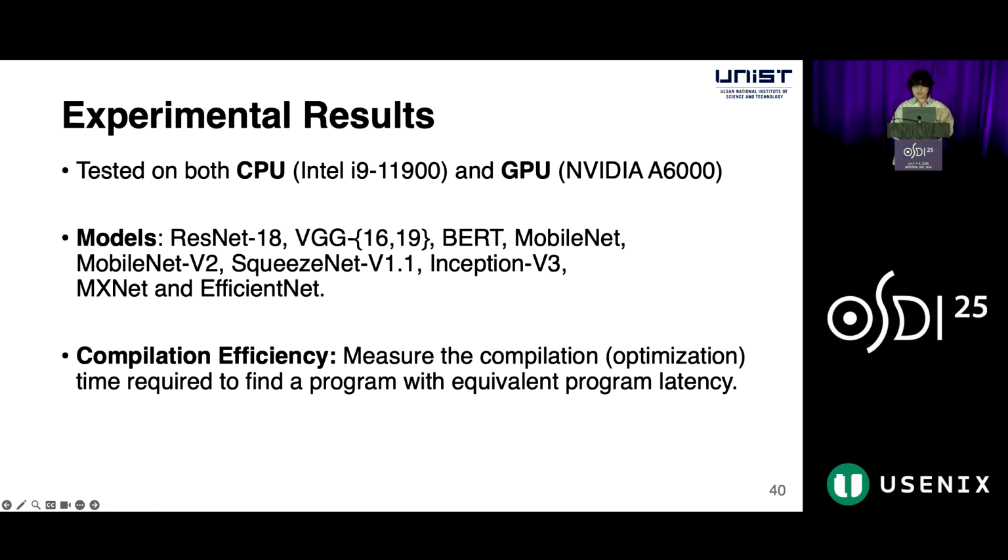Specifically, Ansor's best result is used as the reference point for the comparison. This broad range of experiments demonstrates that our method generalizes well across different hardware platforms and model architectures.